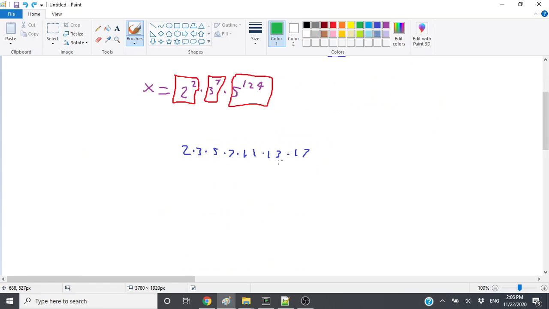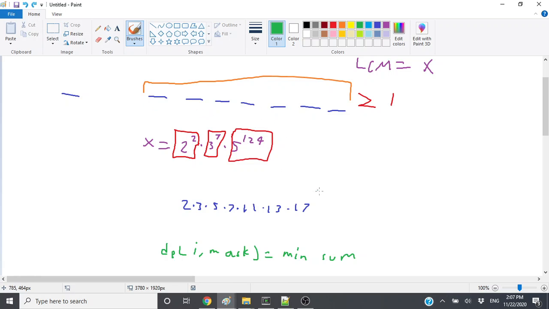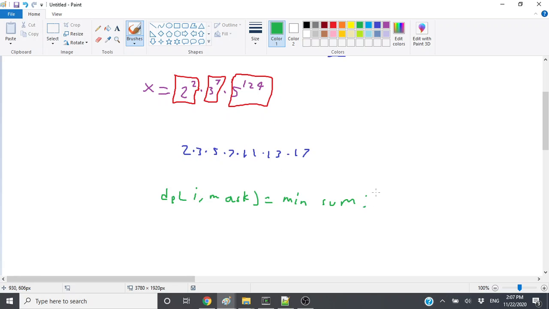What I did was a bitmask DP, which is stupid, but it's basically like you let dp of i and mask be the minimum product, or the minimum sum, having used the first i numbers, and you have this mask of the primes that you've already taken, sort of.